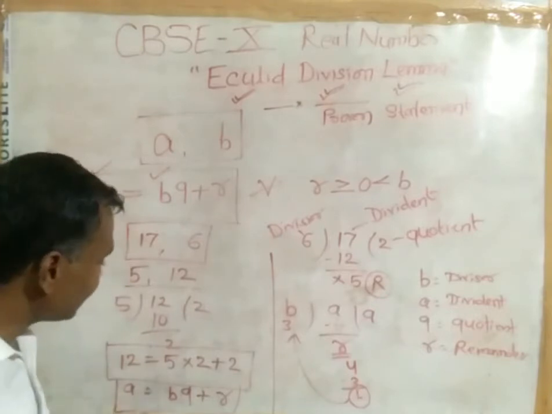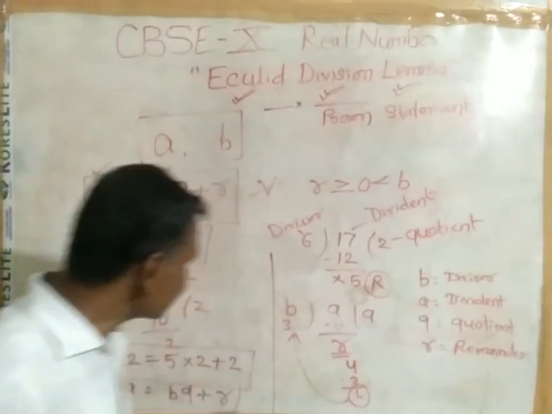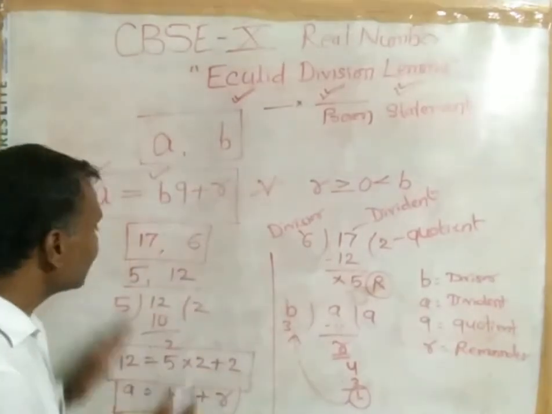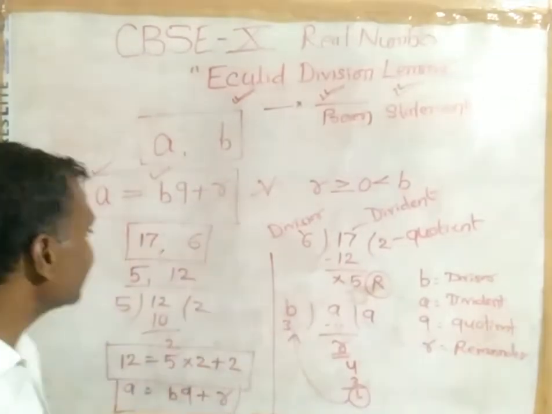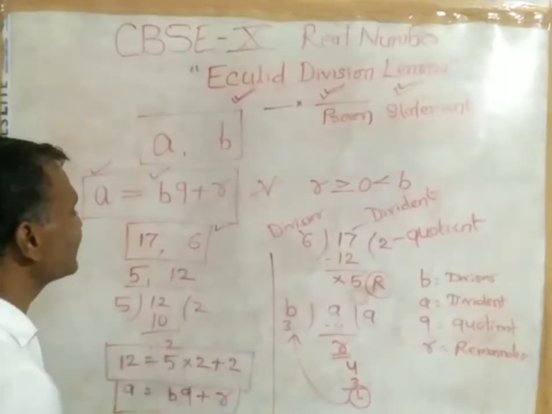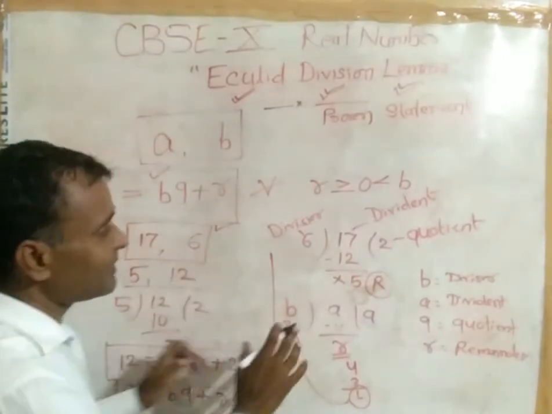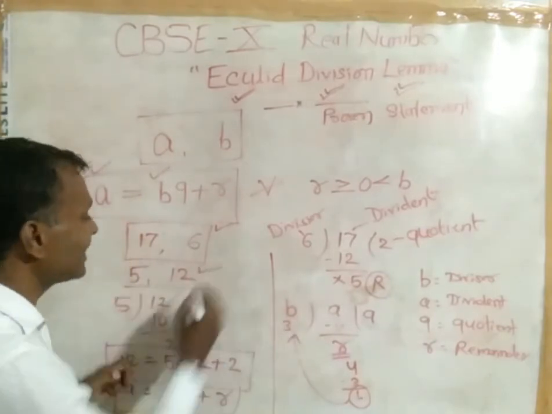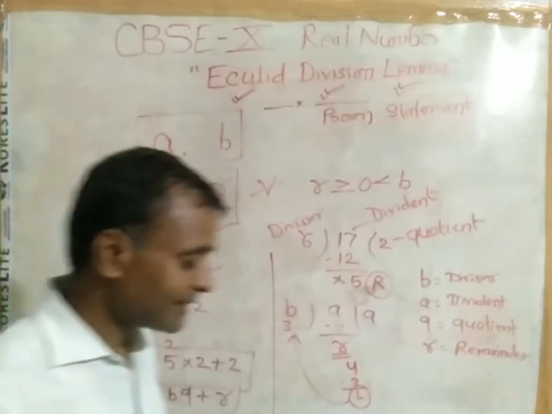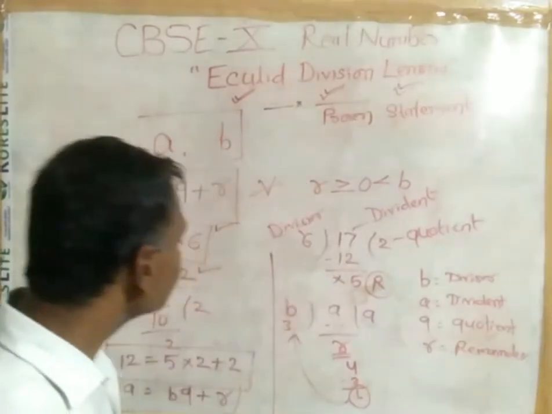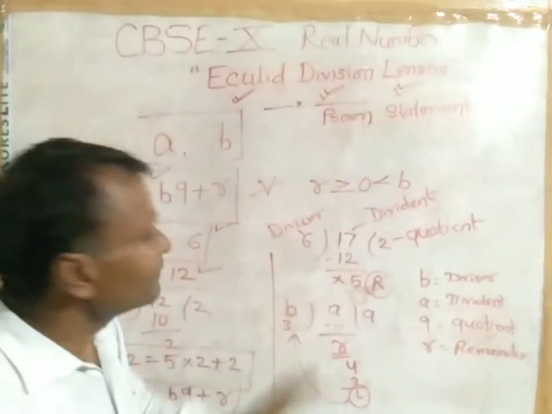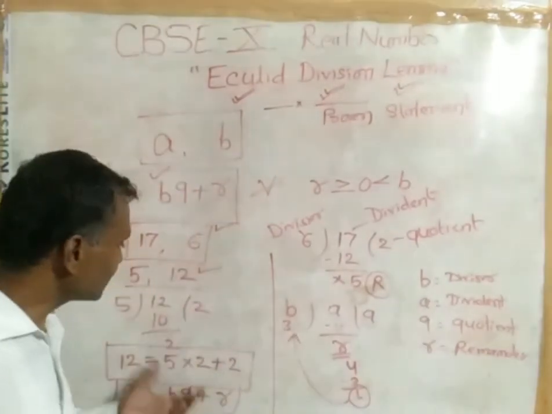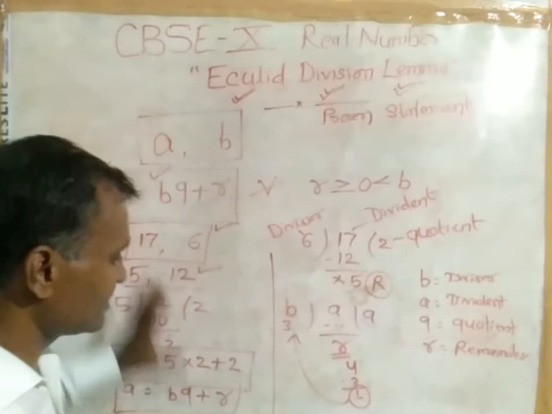So we can say it satisfies all the pairs, 17 and 6, and it also satisfies 5 and 12. So it is used for proving other statements, and we have proved two statements here.